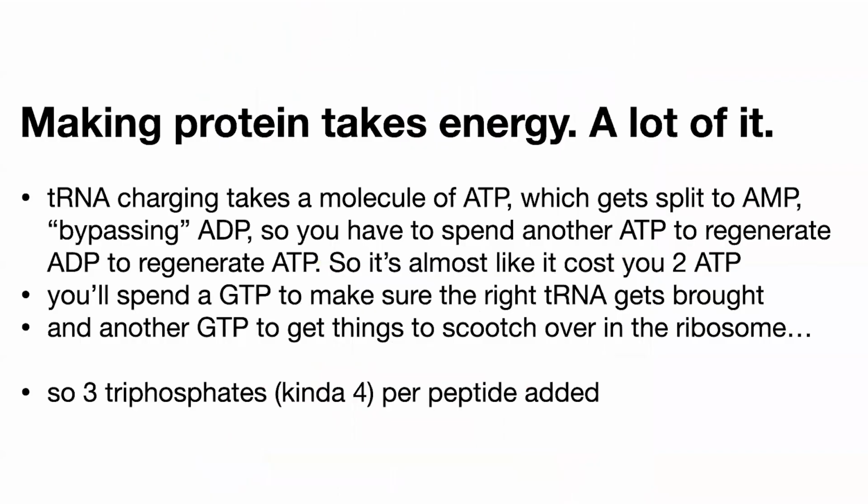And we're going to use a lot of energy to make sure that we have the right amino acids being added. Overall, we spend about 4 triphosphates per peptide added. As well, we're going to spend energy for that initiation phase and when we're recycling the ribosome. So we'll get back to this.